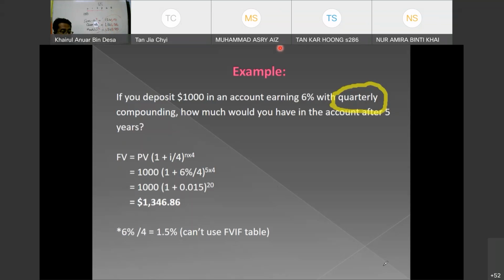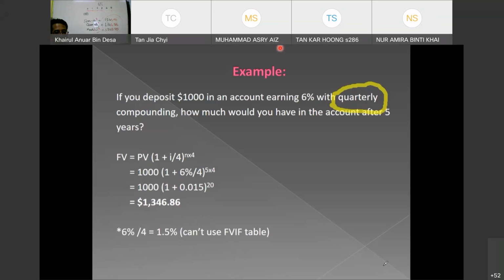The more frequent compounding means the value or the result is higher. Semakin kerap kita menggandakan atau compound, maka nilainya akan menjadi lebih tinggi. The more frequent that you compound the money, the value of the money increases.